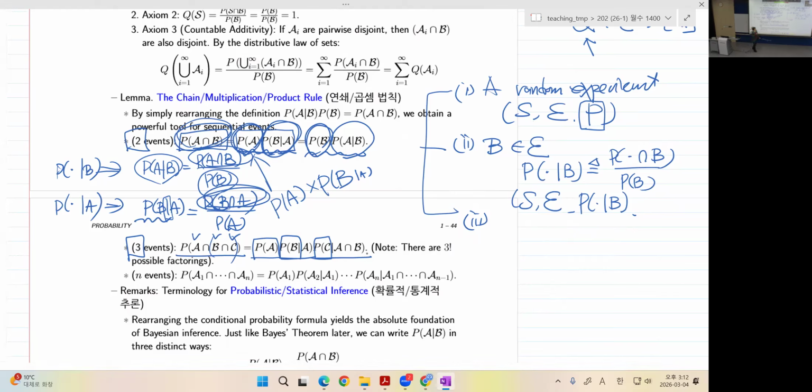No. As you learned in high school math, choosing the order from 3 things is what? 3 factorial. So actually, even though I didn't write them, we have different possible factorings. And an interesting thing is this one. Given the same joint probability, you may have 6 different representations. Which one is better? It depends on your situation. One of them or some of them may be very, very useful for your problem. The others not. You have to have the idea which one to choose. Got it? And it's all up to you.